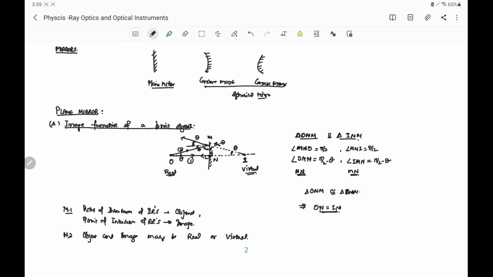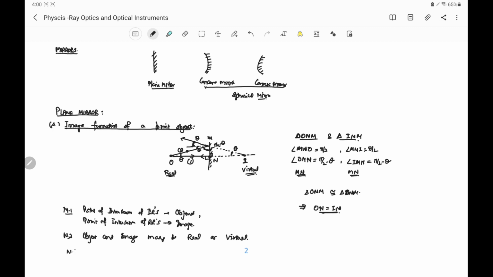Virtual ones are those which cannot be taken on the screen, while real ones can be taken on the screen. The third point is that for a real object, the image formed by a plane mirror will be virtual, and for a virtual object, the image formed by the plane mirror will be real.